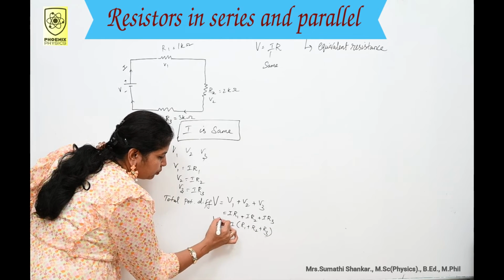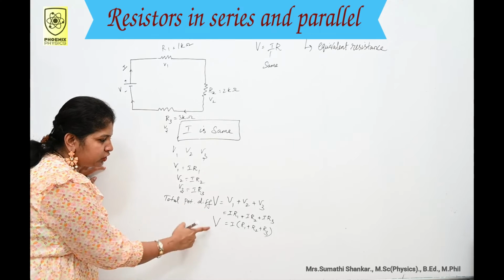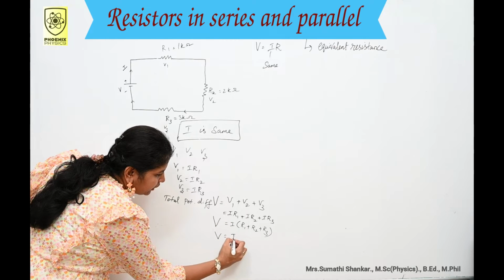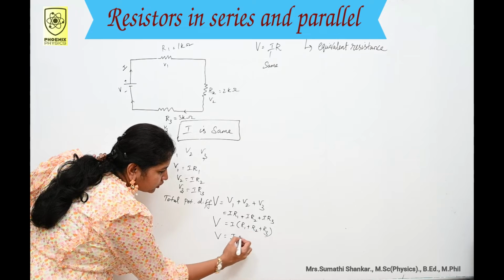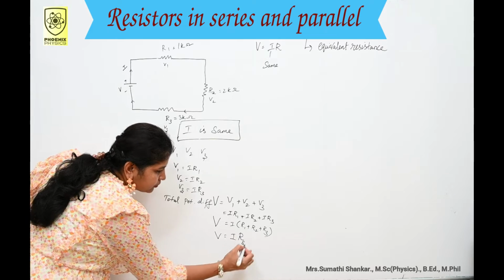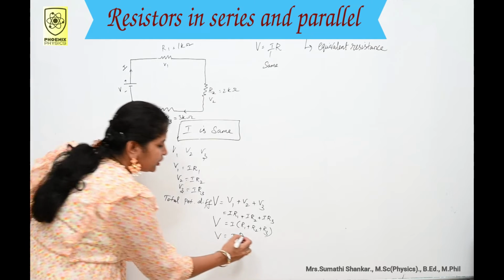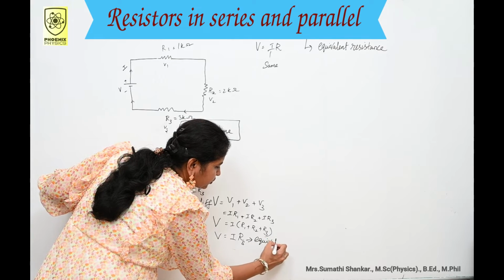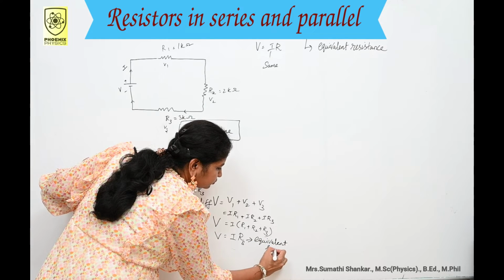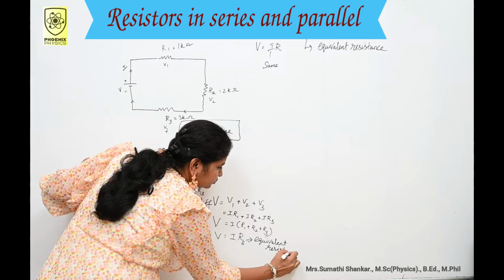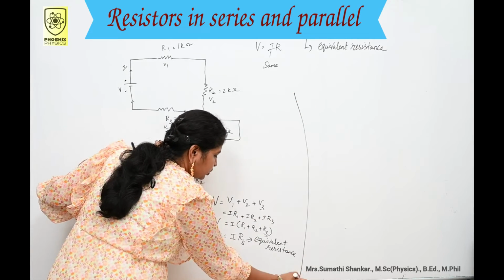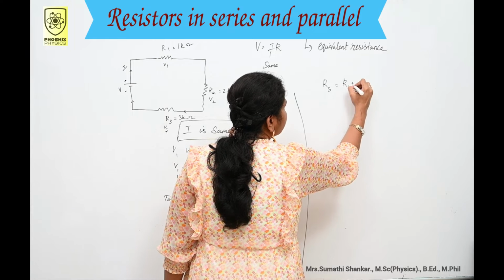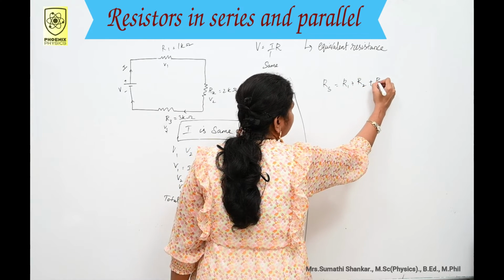This is equal to the total potential difference V. Instead of R1 plus R2 plus R3, you can write RS. What is this RS? RS is nothing but equivalent resistance. So RS can be written as R1 plus R2 plus R3.